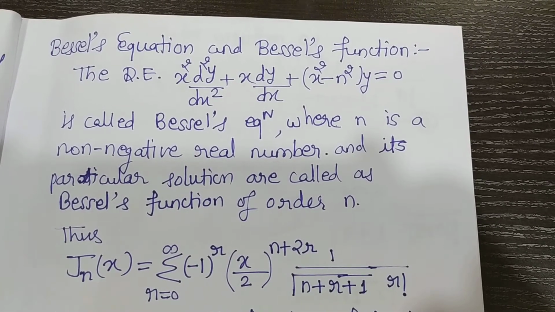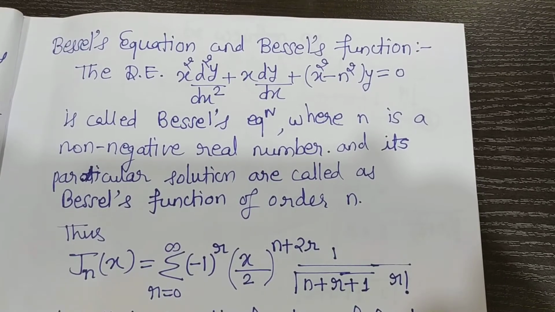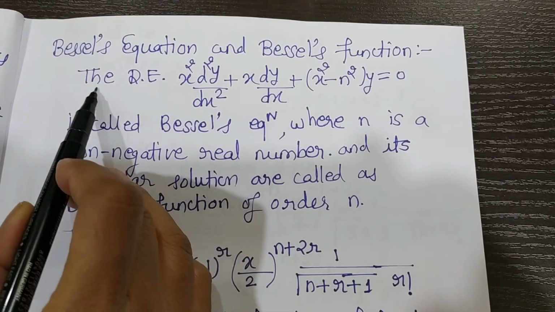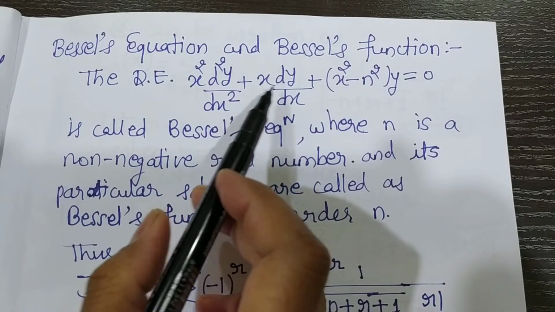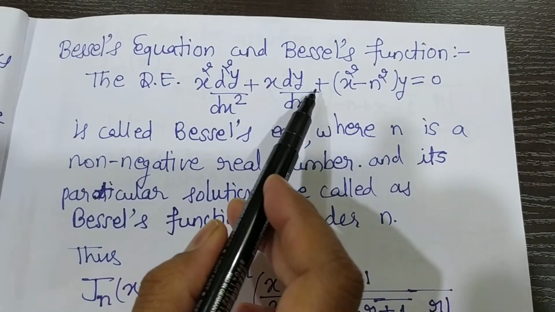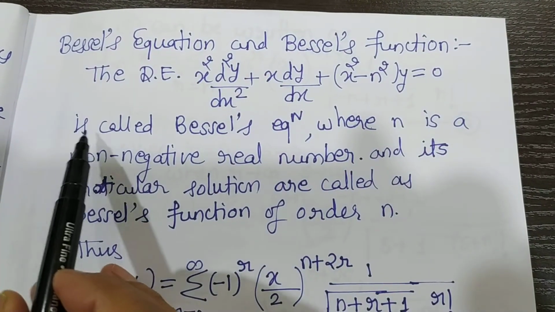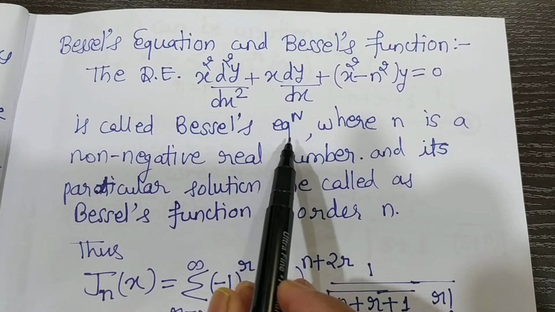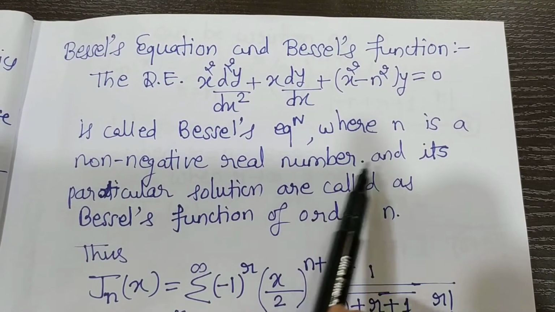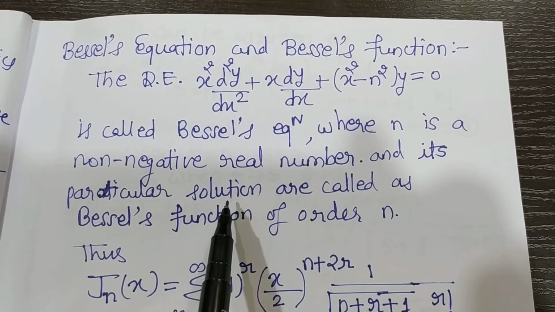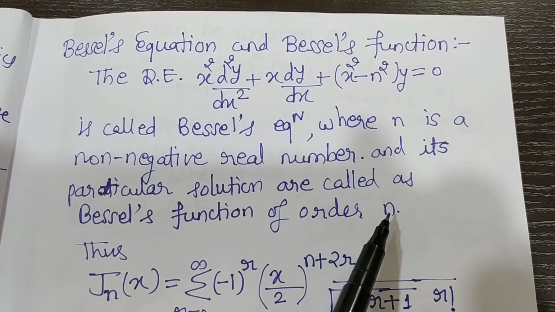Now we shall see about Bessel's functions and Bessel's differential equation. The differential equation x squared d2y by dx squared plus x dy by dx plus (x squared minus n squared) times y equal to 0 is called Bessel's equation, where n is a non-negative real number, and its particular solution is called Bessel's function of order n.